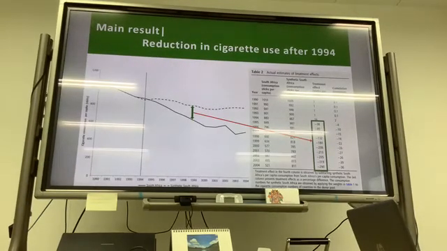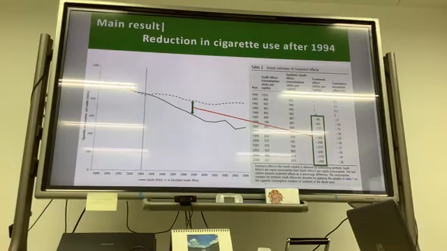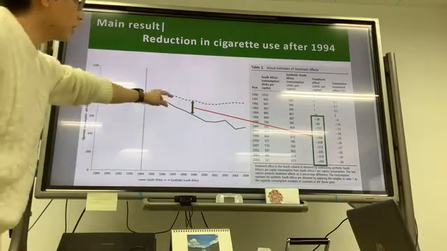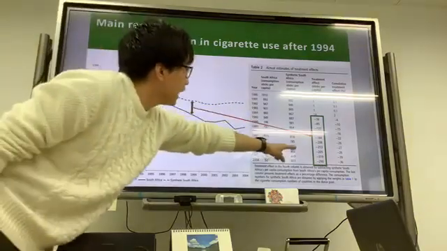Okay. And this is the main result of their study. As shown in the figure, on the left side of the figure, the dotted line represents synthetic South Africa, and the black line represents actual South Africa, and the differences between synthetic and actual are represented here as treatment effect.